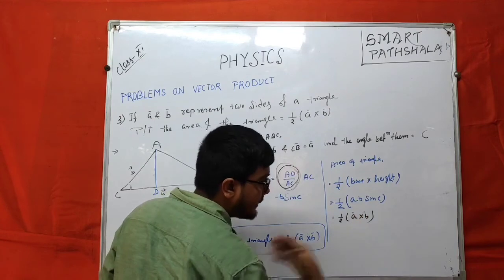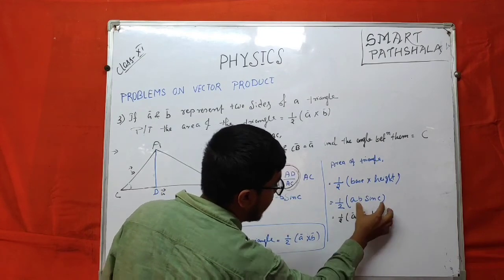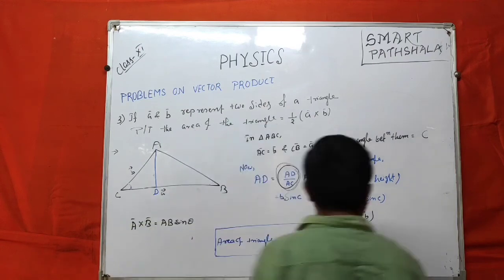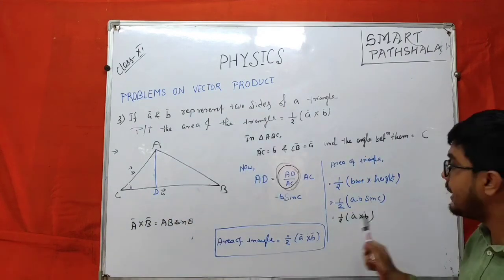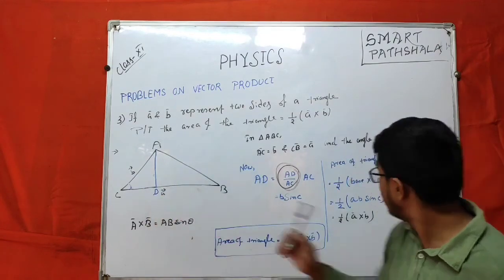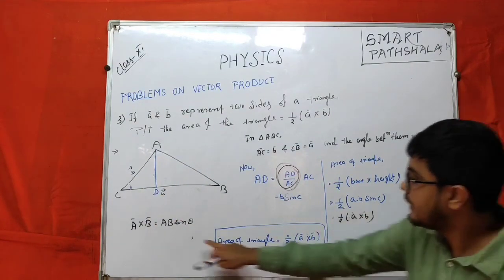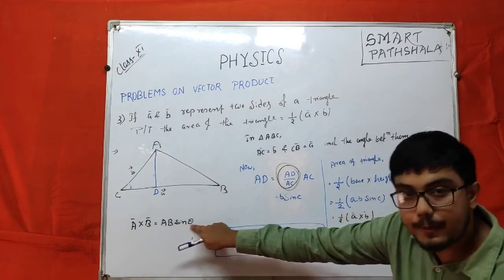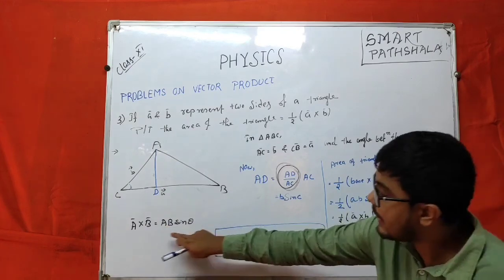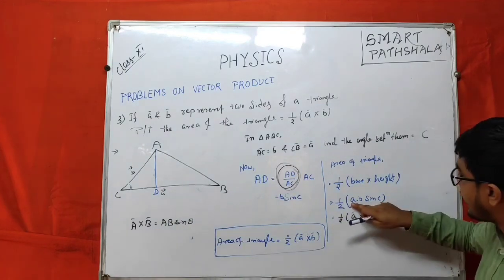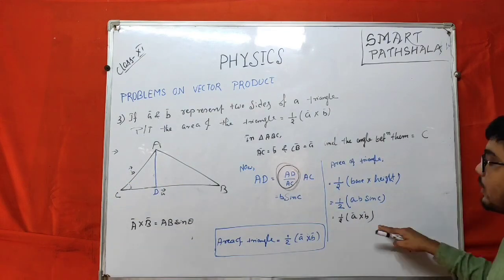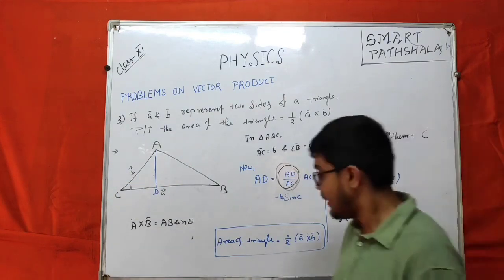If I tell again what I have done here: AB sin C, A cross B. Here A is this part, B is this part, and the angle between them is angle C. Now AB sin C corresponds to this part, that is AB sin theta. What can we write for AB sin theta? A cross B. Thus, for AB sin C, we can write A cross B. Hence, half into A cross B is equal to the area of the triangle.